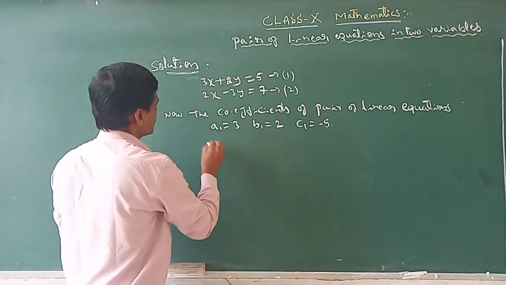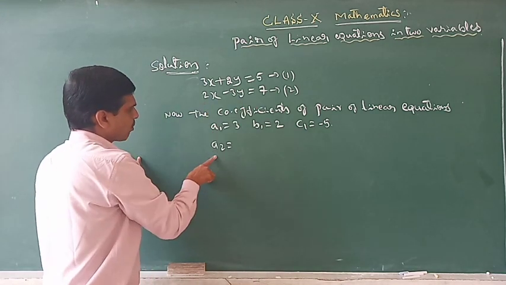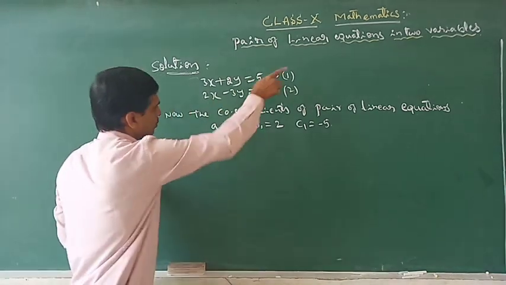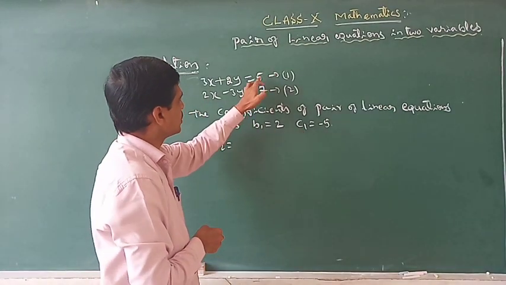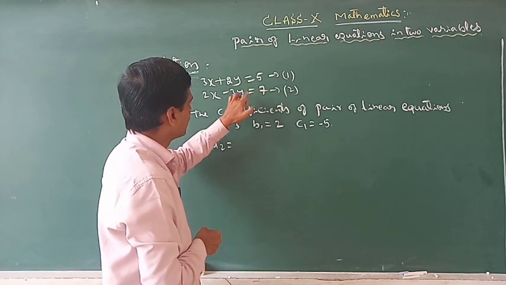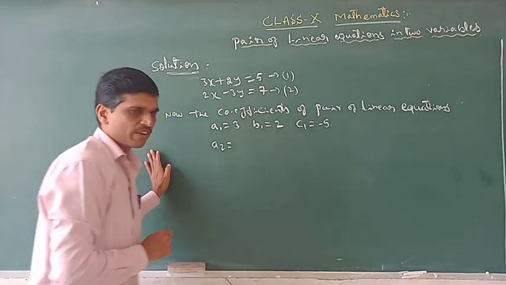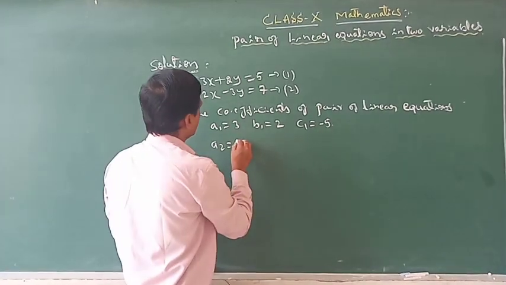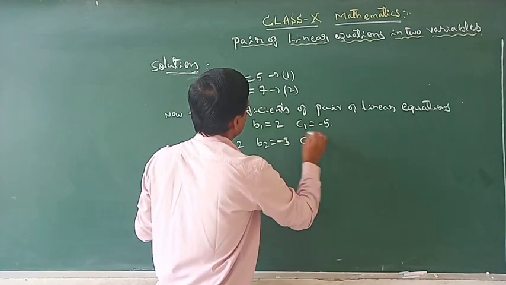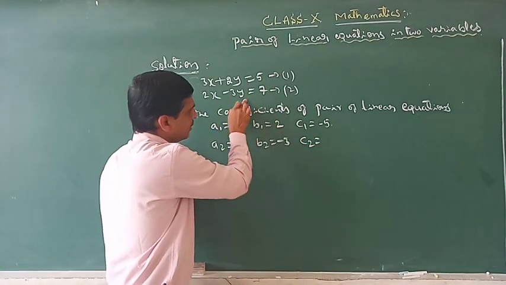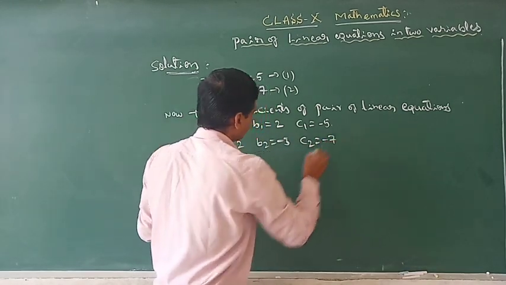Otherwise you could keep it as it is and consider c1 as positive 5. For the second equation, call them a2, b2, c2. So a2 is 2, b2 is equal to minus 3, and c2 is equal to minus 7, by transposing the 7 to the left side.